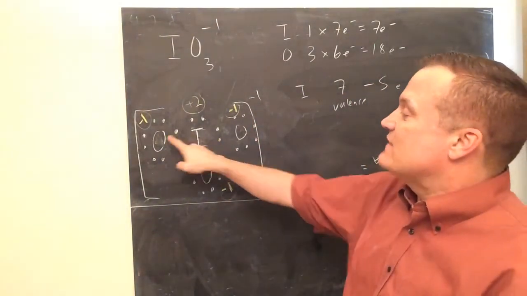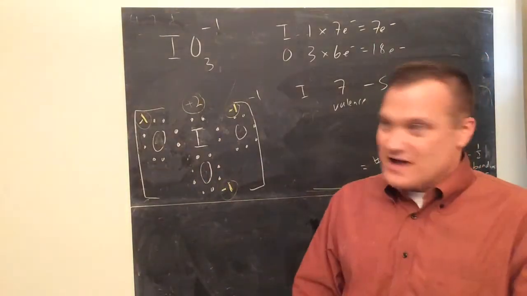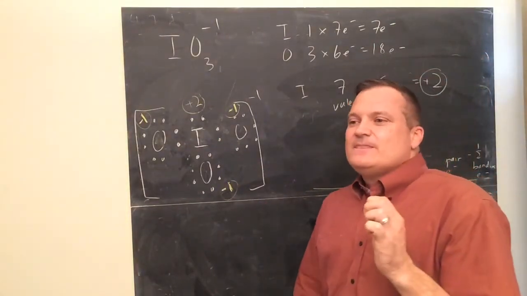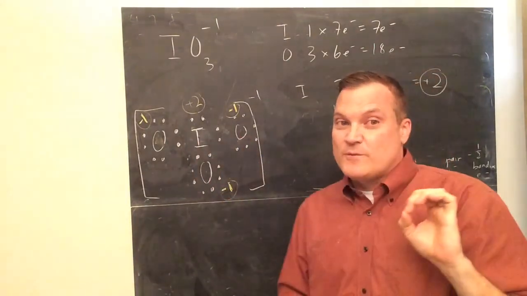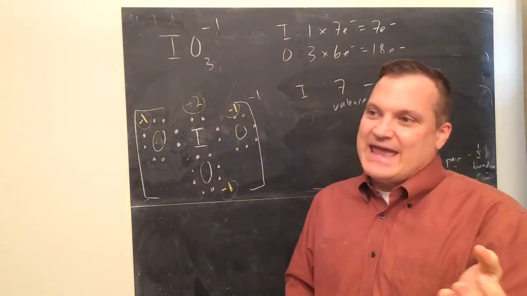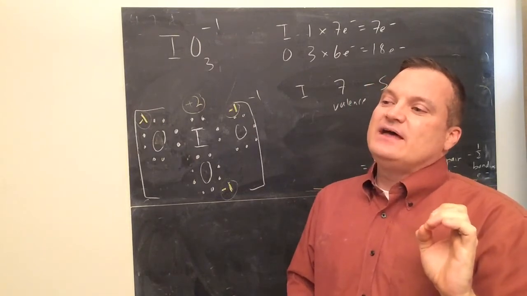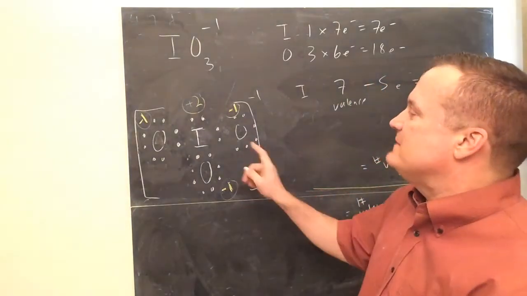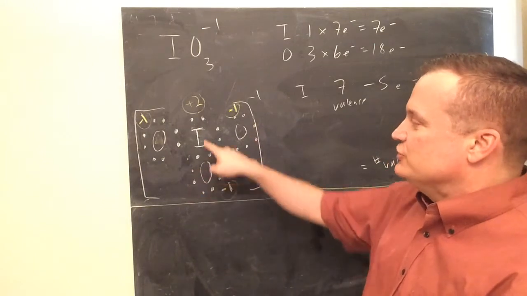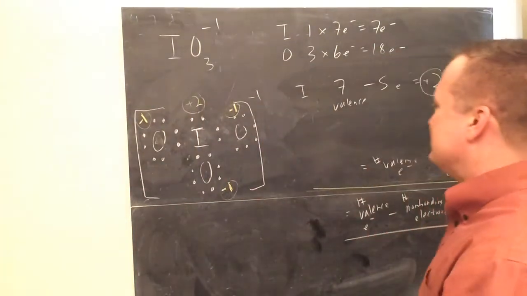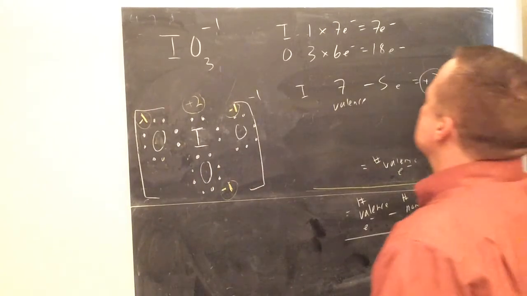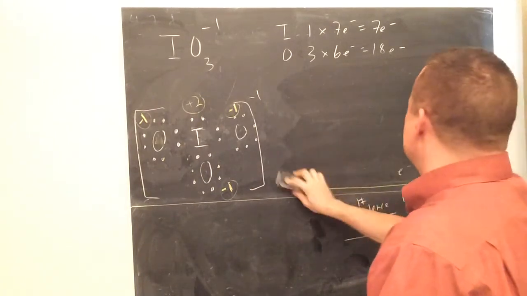The most electronegative element in IO3 is oxygen. So I want to try to make it so that the oxygens have a 0 formal charge. But if they can't all have 0, then it's okay for a negative charge to be on an oxygen. You don't want it to be on the iodine. Okay, so that is it. Now you might be thinking, how are we going to do this? Watch what I'm going to do, and hopefully it'll make some sense.